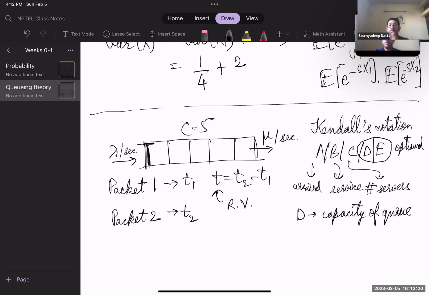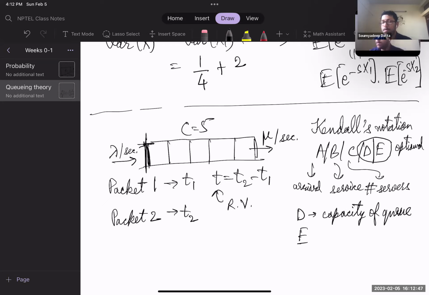So I can only accommodate 5 people in the queue or 5 packets in the network buffer, whatever be the situation you are considering, not more. If a 6th person comes in, I'll have to ask that person to leave, right? After 5, I won't accept anymore. At this point, the buffer is full, and I'll have to reject everybody coming after them.